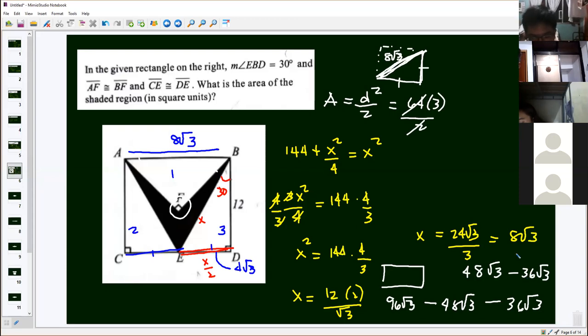64 times 3 divided by 2. Am I right? Looks wrong. 64 divided by 2 is just 32. 32 times 3. What is 32 times 3? 96. So this is 96. 48 square root of 3 minus 96.